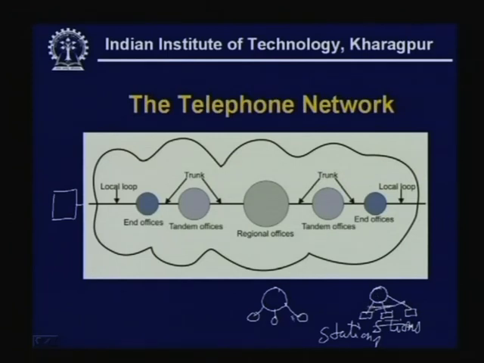These offices are connected to the tandem offices, and the tandem offices in turn are connected to the regional offices. So, several such tandem offices are connected to regional offices. In this way a hierarchical network is used in the public switched telephone network, PSTN.